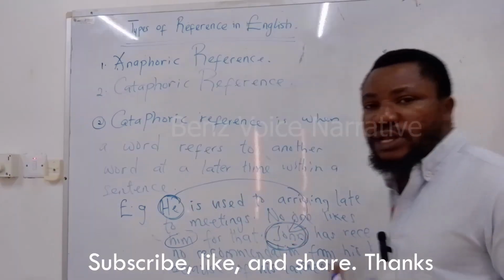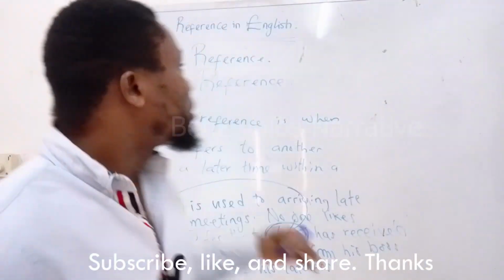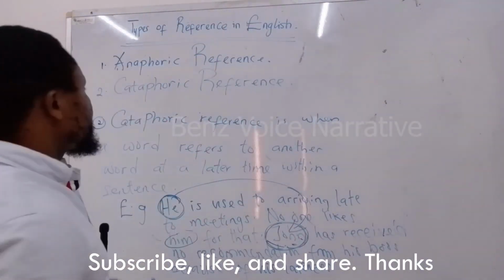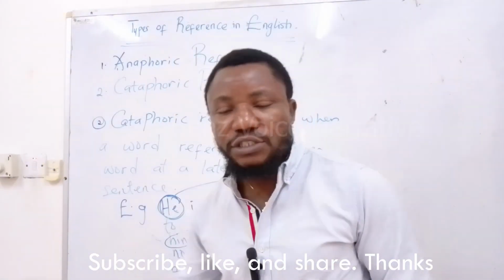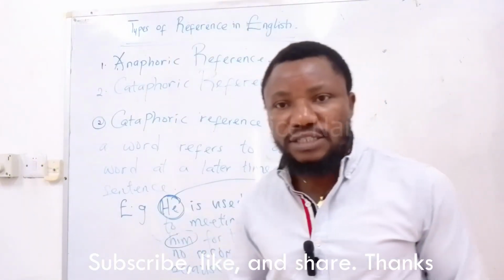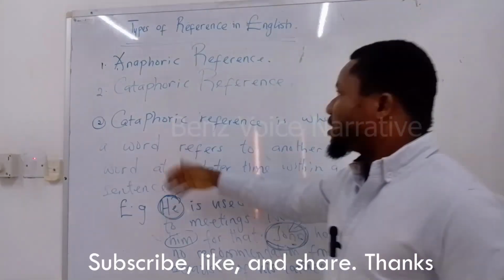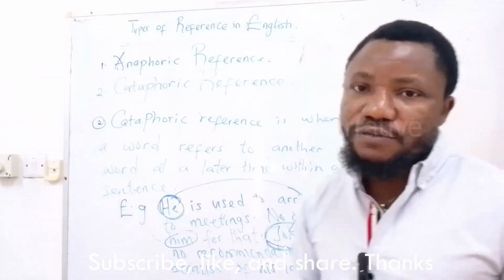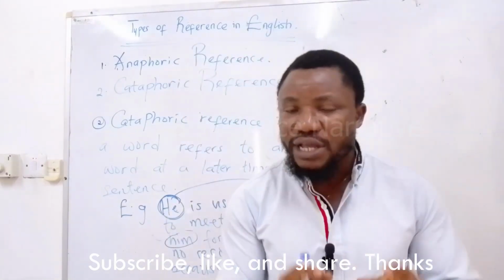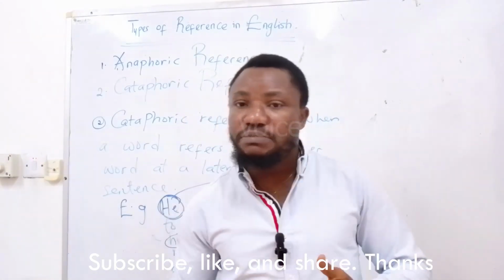Okay, so let's have a recap. Types of reference in English language. I said that a reference is a word that refers to another word within a sentence. So we have two types of reference. The first is anaphoric, and the second is cataphoric reference. And I said anaphoric, ana means back.